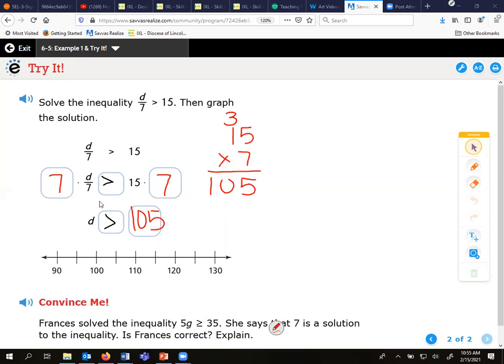Does this symbol tell us we need to also include the number 105? No. We're just going to have an open circle. And then we want numbers that are greater than 105. Where are the numbers greater than 105? On the left or on the right? Louise? Right. The right side.